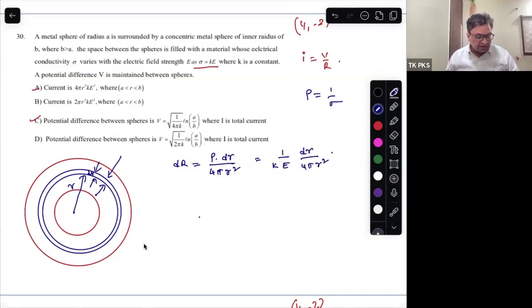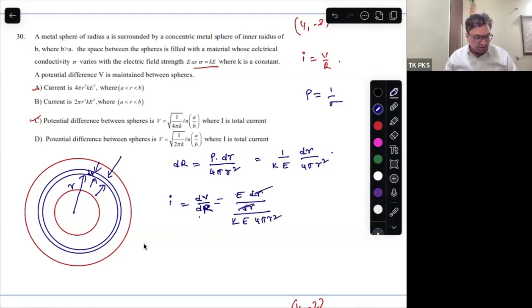So what we will write in general is that current at this point is dV by dR, so dV by dr is equal to, you just mark the conditions over here. dV means E dr, and dR means just now we have written dr by K r 4 pi r square.